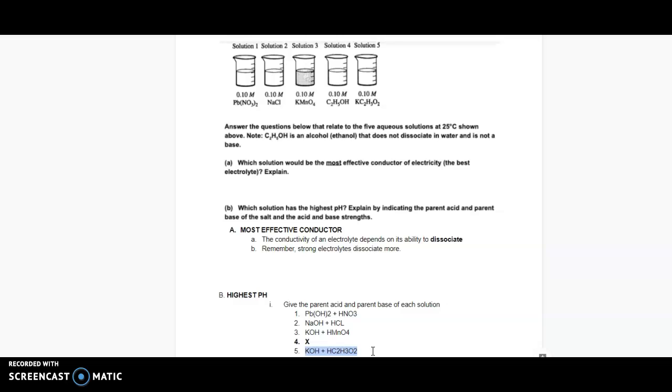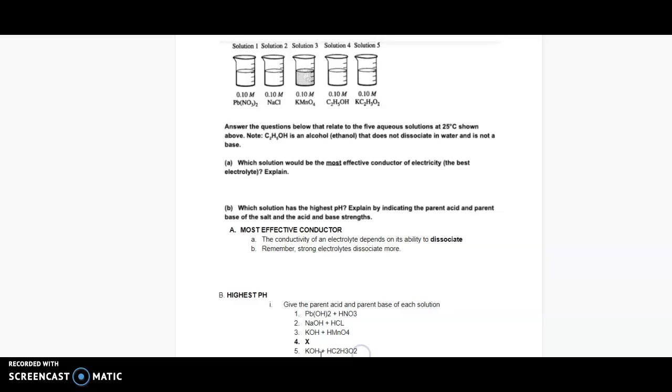This is a bit tricky because KOH, potassium hydroxide, is a strong base and both of them have that parent base. But looking at the acid, HMnO4 and HC2H3O2, HMnO4 is a strong acid.